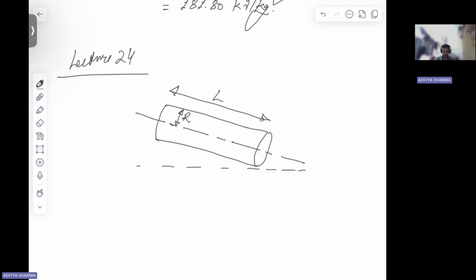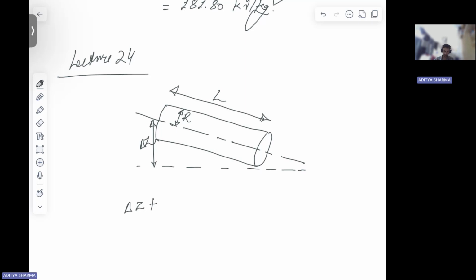So this pipe has some length L and it has some radius R. And from the ground, this is delta Z. Then it talks about your head losses.